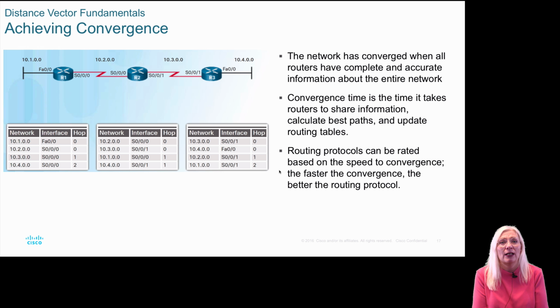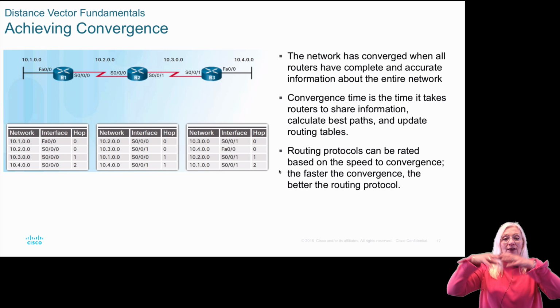In this case, we only have 3 routers, so it will take only about 2 updates, and then we are all what we call converged. Converged is when everyone knows about all networks in the entire network.